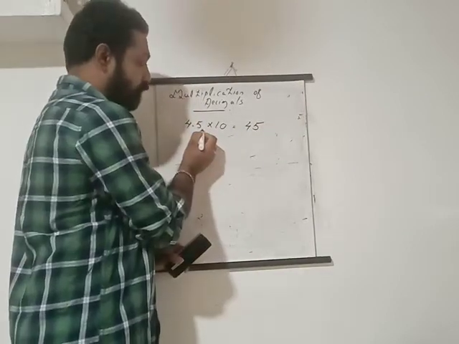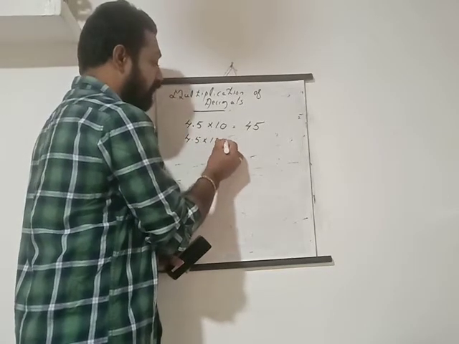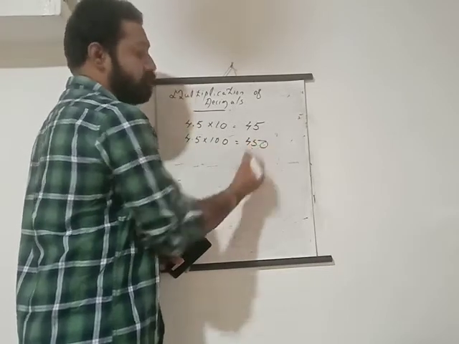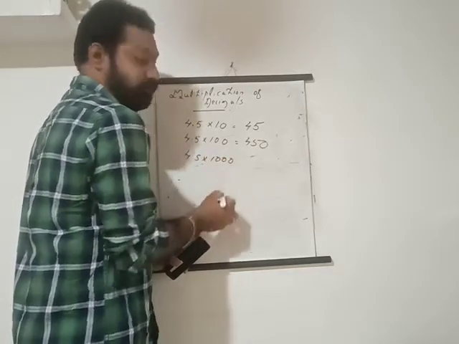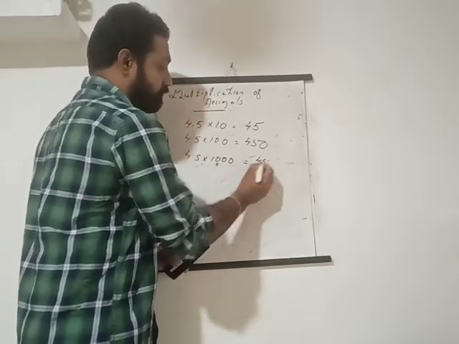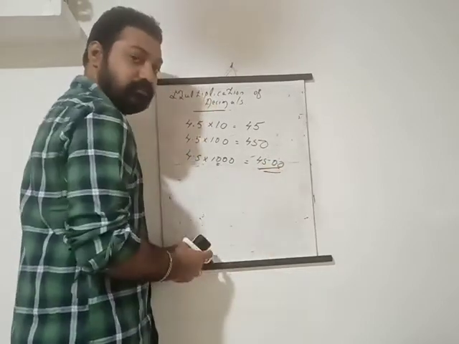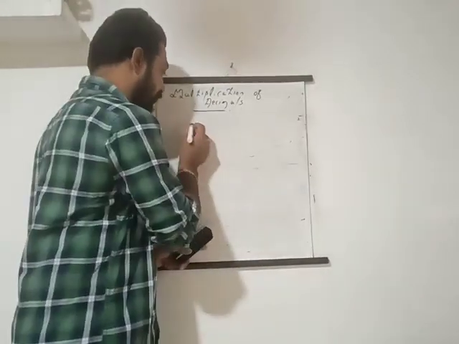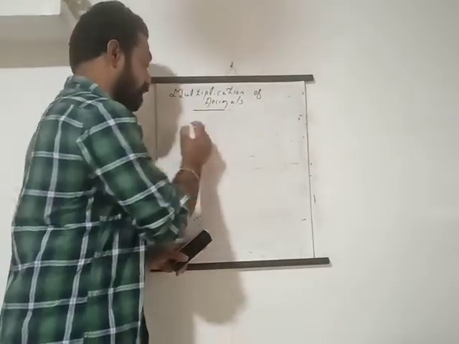The point shifts and it becomes 45. 4.5 into 100: first it becomes 45 with 1 zero, then one more zero, so it becomes 450. 4.5 into 1000: first 45, then two more zeros remaining, so you put them and get 4500. That's all. If the number has more zeros compared to the decimal places, it will be like that.